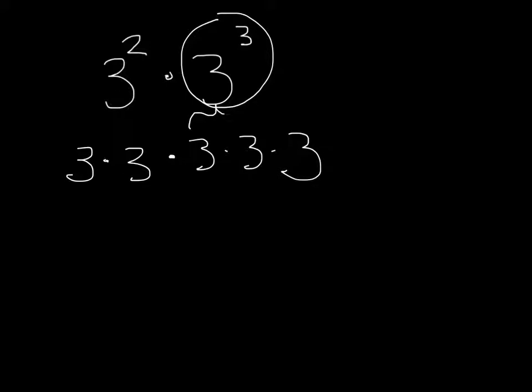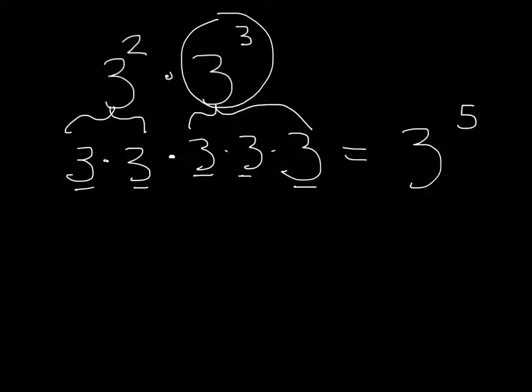So this guy is right here, and this guy is right here. Okay? So now do you see it? Our answer in exponent form is going to be base 3 with what number on our exponent? 1, 2, 3, 4, 5.